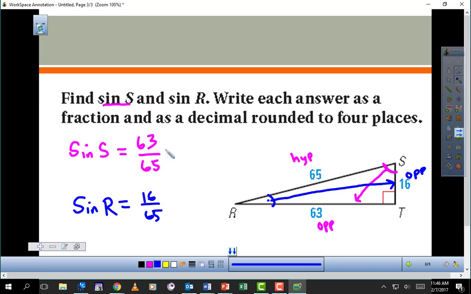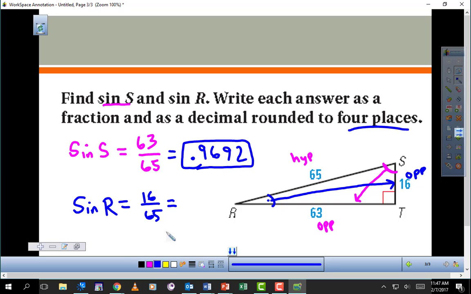So once again, you're going to do this in your calculator and go to 4 decimal places. If you divide 63 over 65 real quick in your calculator, we get 0.9692.